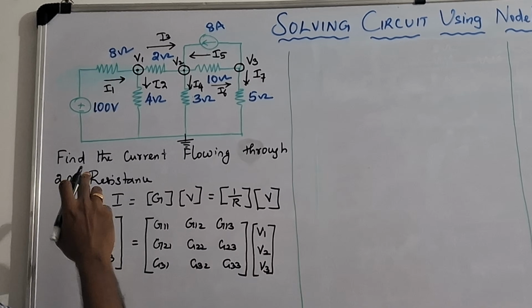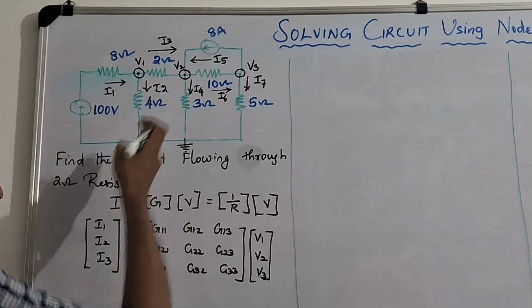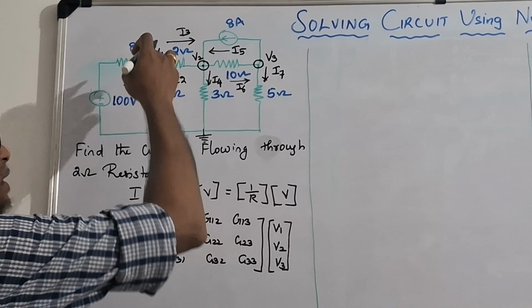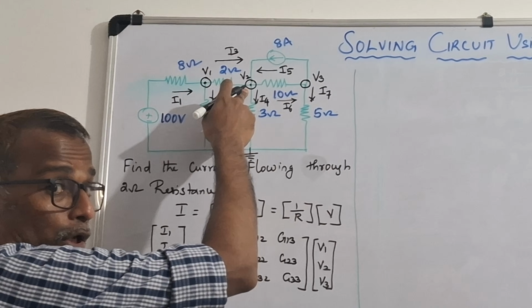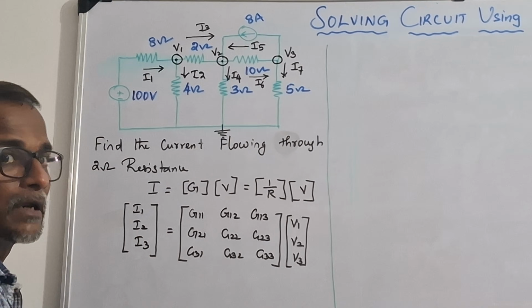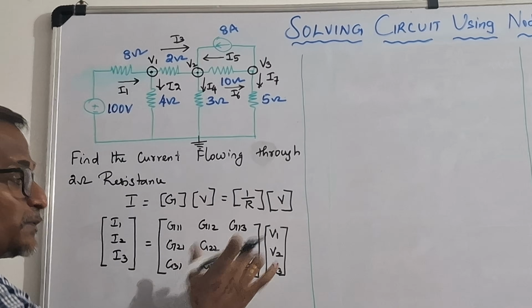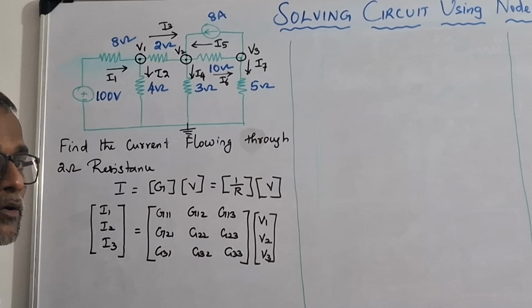Now I need to find out what I1, I2 and I3 mean. That means the current in the particular node 1, node 2 and node 3. That is called I1, I2, I3. The conductance matrix and V1, V2, V3 we know. So how do we find I1?